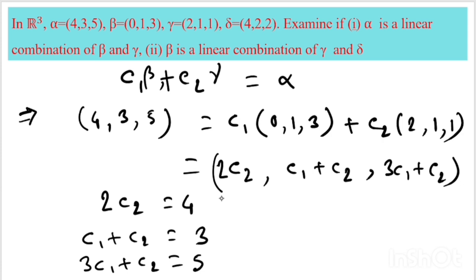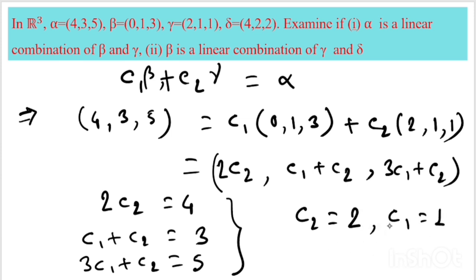So we get a system of linear equations in c1 and c2, which we can easily solve. Solving this, we get the value of c2 as 2 and c1 as 1.